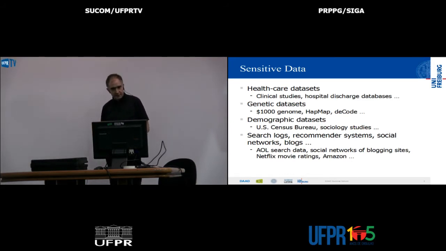Demographic data sets, sociology studies, Census Bureau, search logs, recommender systems, great for sensitive data. What did you buy yesterday? Oh, very interesting. You bought these two books on how to produce explosives. Could be of great interest, although what you really wanted in these books is to find out how to build storage sites or whatever.